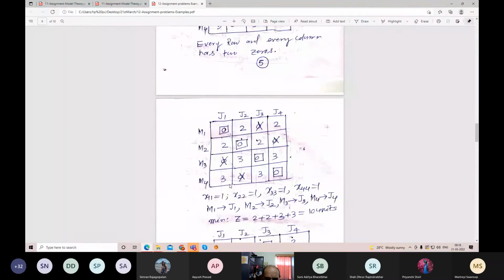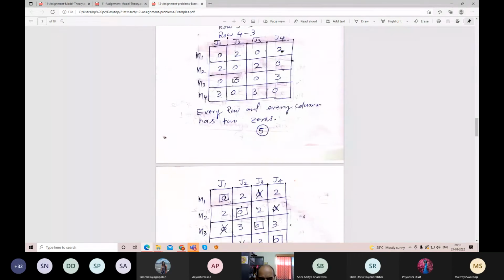Then the second row has two 0s. So we assign to a 0 and cross out all the zeros in the same column. Whenever we select one 0, the other 0 must leave, because you are assigning either M1 to J1 or J3. If you are assigning to J1, then J3 cannot be.